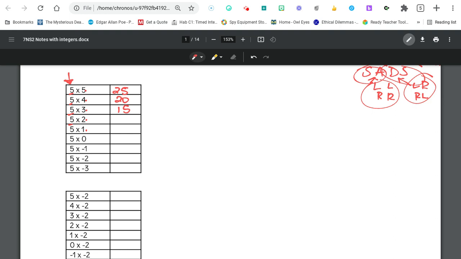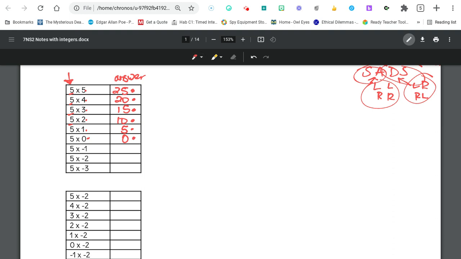So instead of 5 times 3, the next one is 5 times 2, which is 10. You should notice something with your answer. You're going from 25 to 20 to 15 to 10. You should know the next number is 5, and without even looking at 5 times 0, we should know the next number is 0.